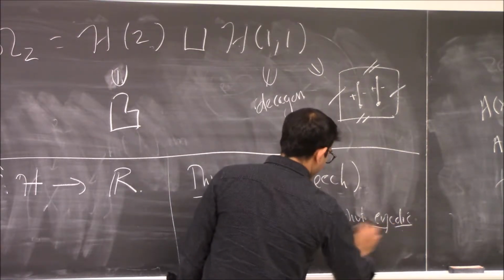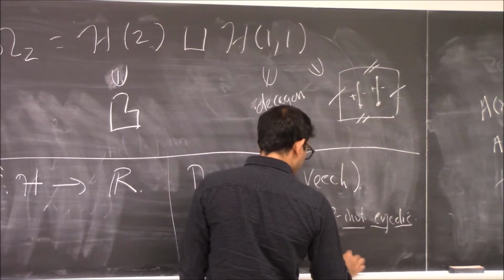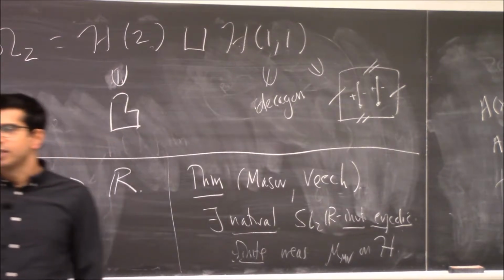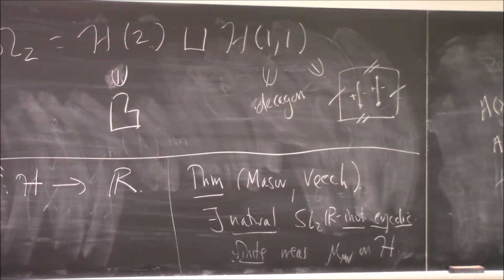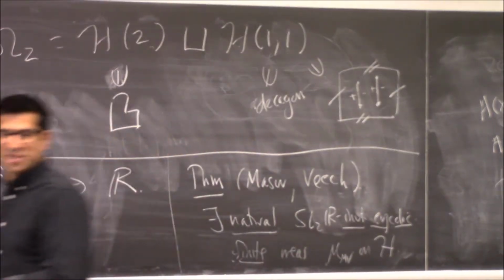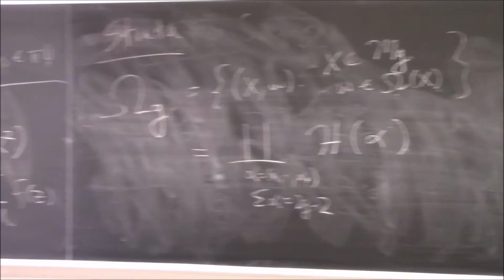So I'm going to underline all these important properties. Call it mu MV on H. This is called Masur-Veech measure, though in our write-up, Howie has made me call it Lebesgue measure. He won't let me call it Masur-Veech measure in the paper with Howie.